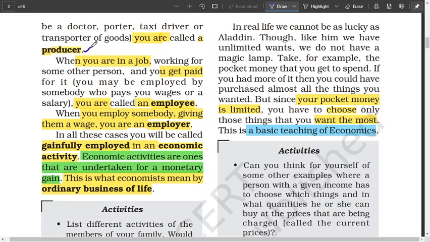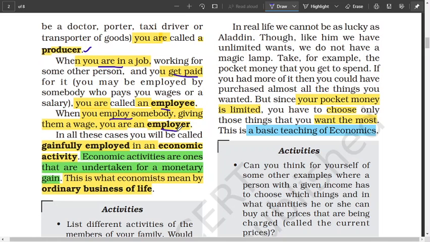So consumers need to earn in order to be able to meet their needs from the sellers, from the market. So what you need to do is you need to have a job. You need to work. You need to get paid. So when you work with someone, you are an employee. And when that someone employs you, he is an employer.